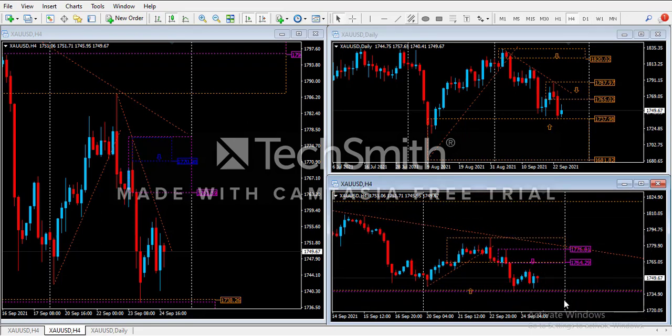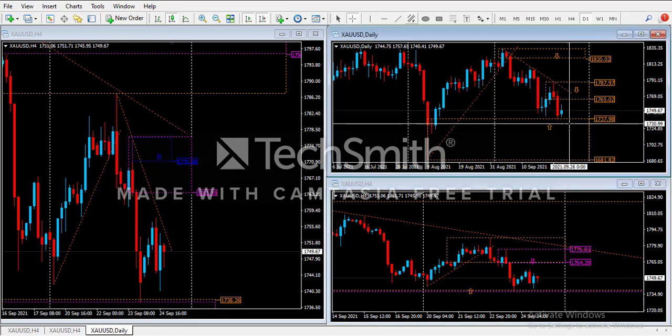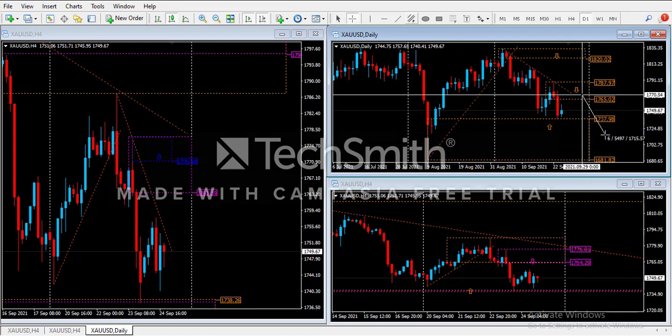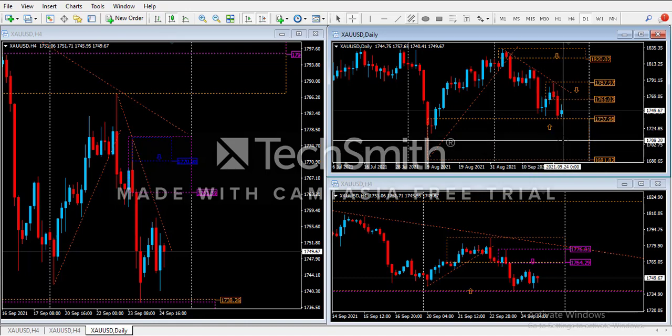Gold trades between the demand and supply area. So from demand, we can take upward correction movement, and from the supply area we can take deeper selling to the demand area.